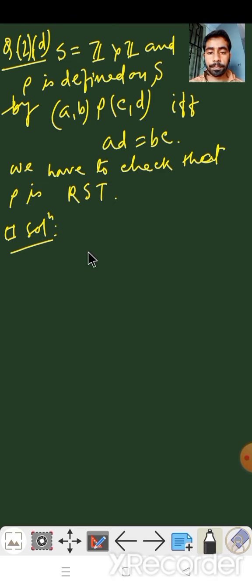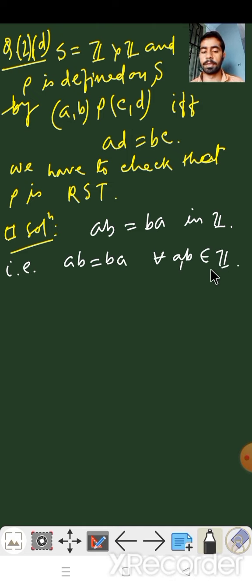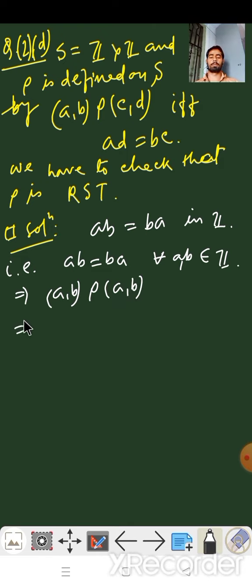As AB equals BA in Z, that is, AB equals BA for all A, B belongs to Z, which implies that the ordered pair AB is related to the ordered pair AB, which implies that rho is reflexive.